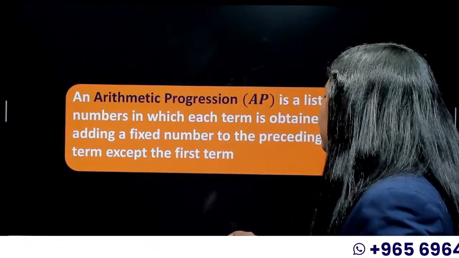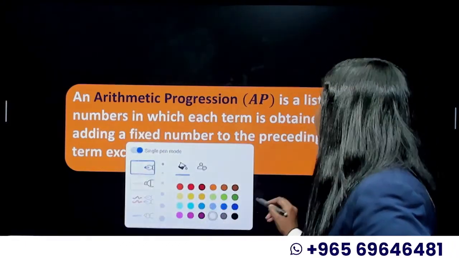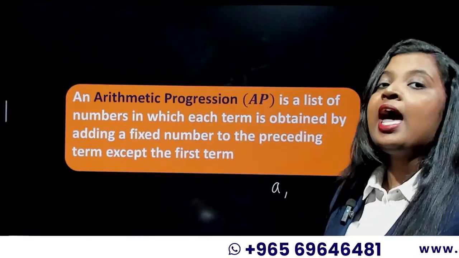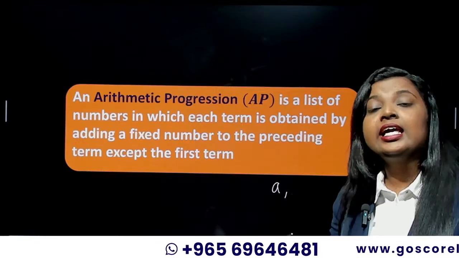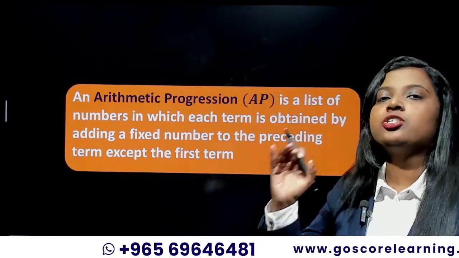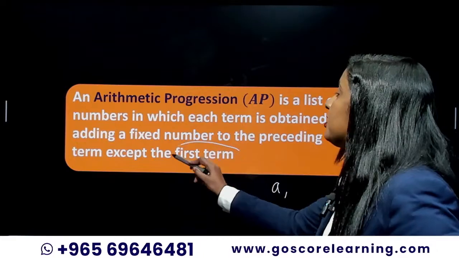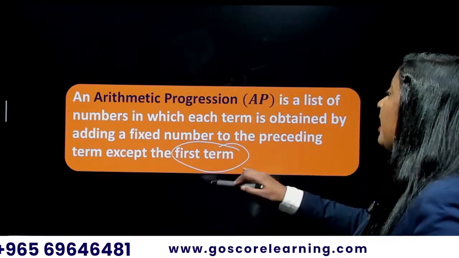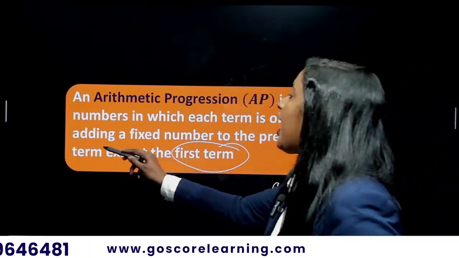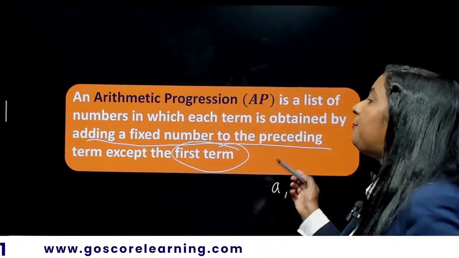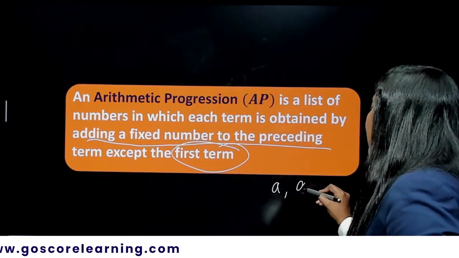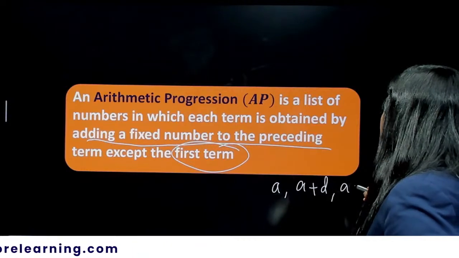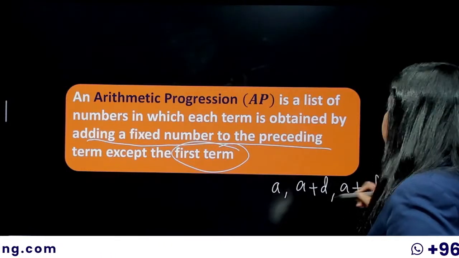Okay, so there will be a first term, that is A. And we keep on adding a fixed number to each term. We obtain the AP by adding a fixed number, say D, to the preceding term to get the next term.